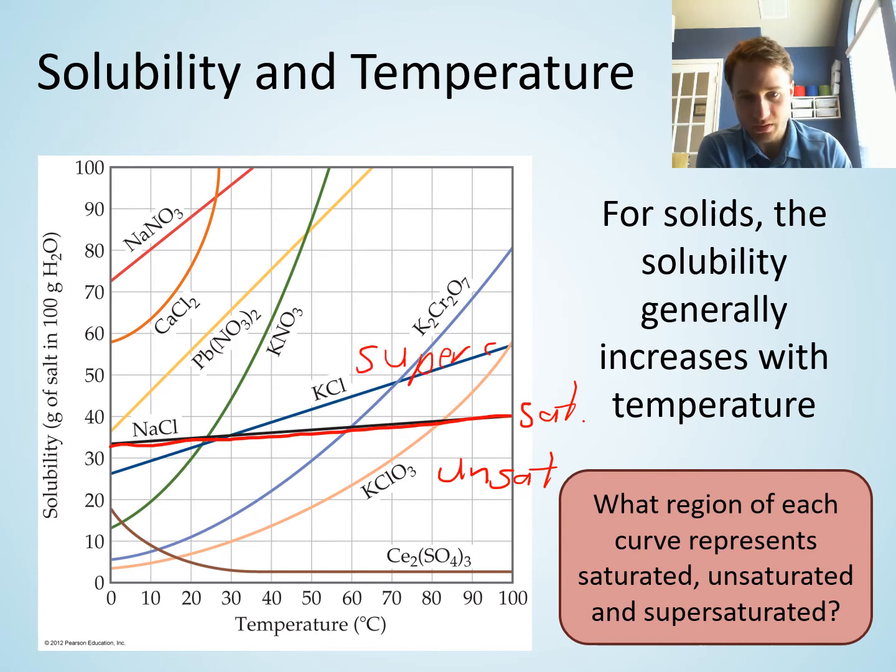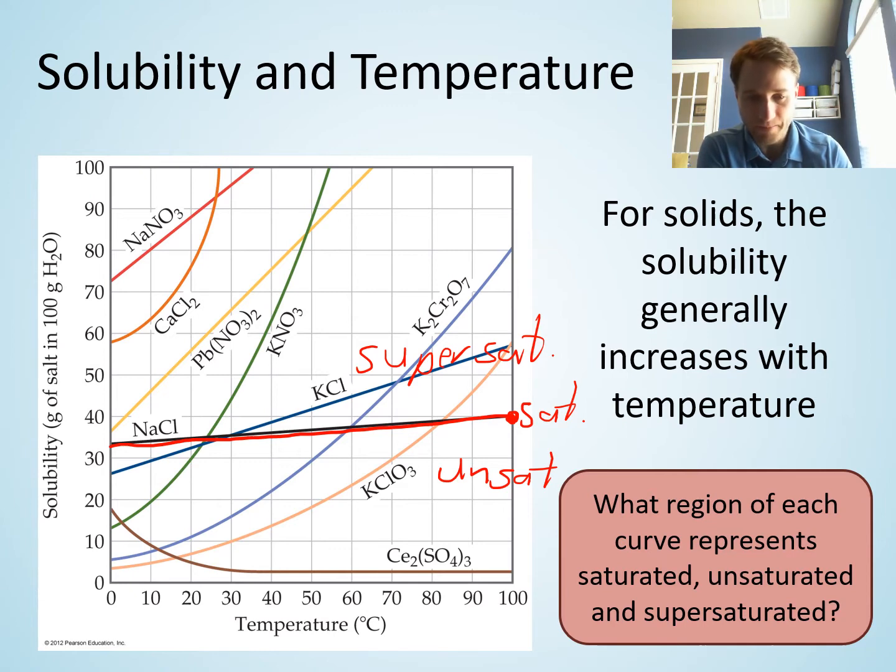And if you form a solution above the saturation line, this would be a supersaturated solution. Often how one forms a supersaturated solution is you take advantage of this temperature effect on solubility. For sodium chloride, you heat it up to near 100 degrees Celsius, where the solubility is now 40 grams of sodium chloride per 100 grams of water, and then you slowly cool your system down to, say, room temperature.